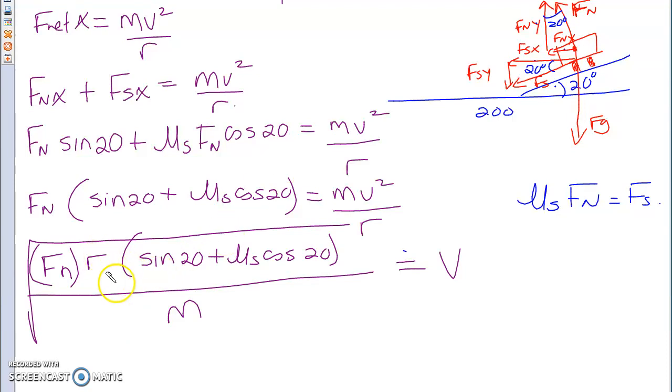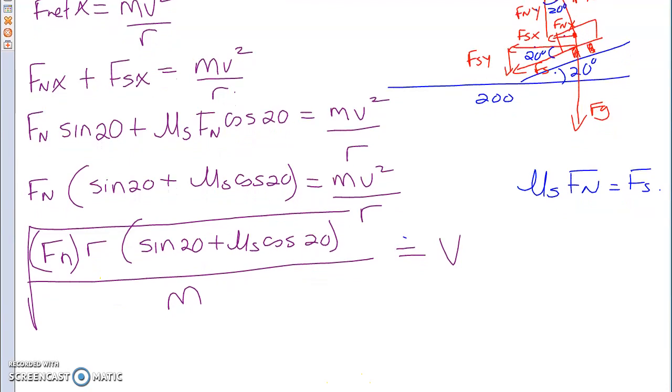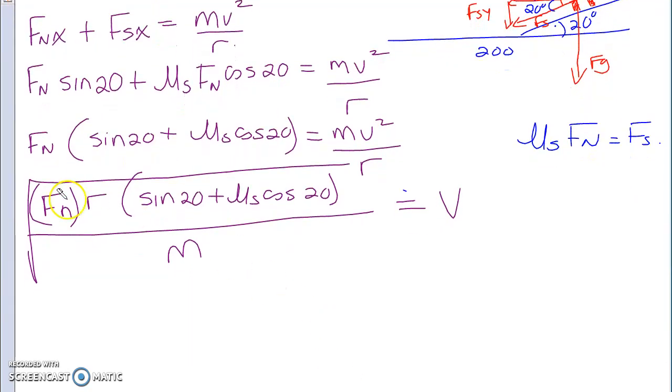Okay, now what we are going to do next is sub the first equation that I came up with into the Fn. So that equation that we had was Fn, which equals mg divided by cos theta minus mu s sine theta. We're going to sub that into here. I know it's not looking pretty at all.